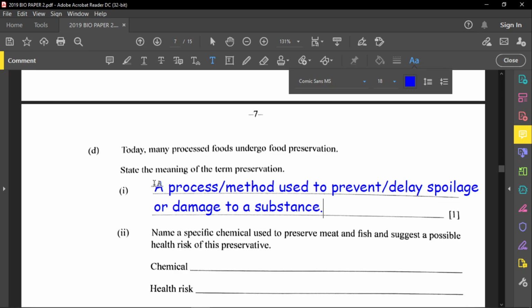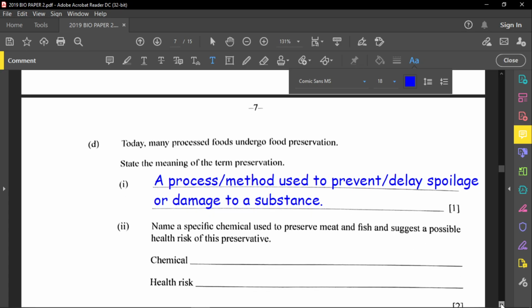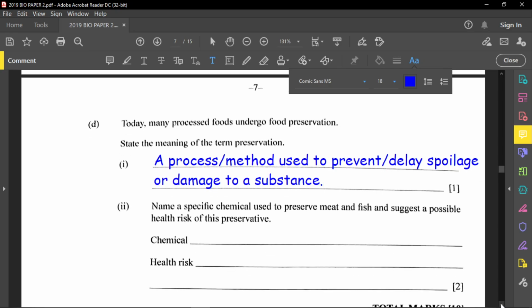So that's what preservation is, to preserve something. So you prevent or delay the spoilage or damage to that thing. In other words, you maintain its current state for a long period of time.